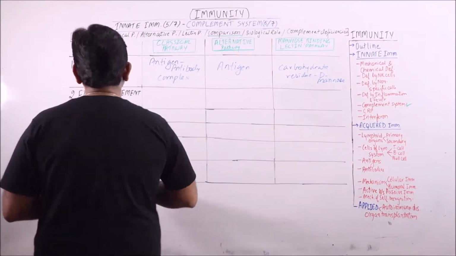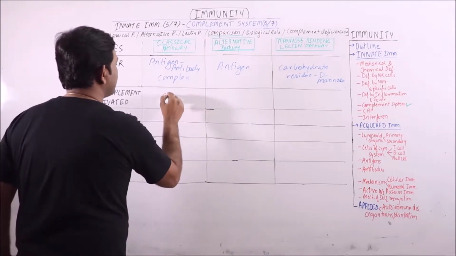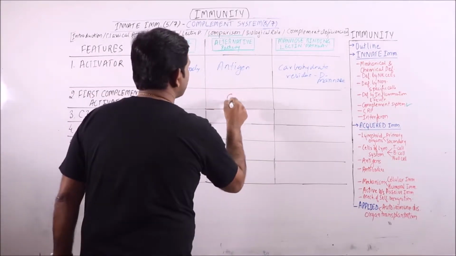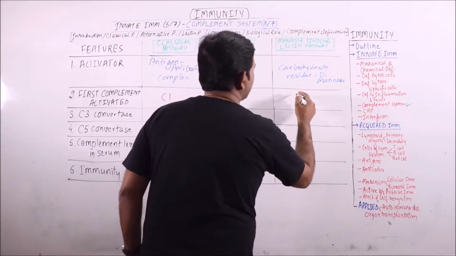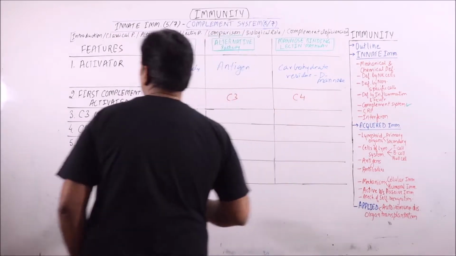The first complement to be activated in the classical pathway is C1. In the alternative pathway it is C3, while in the mannose binding lectin pathway it is C4.